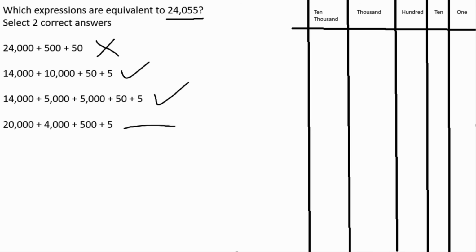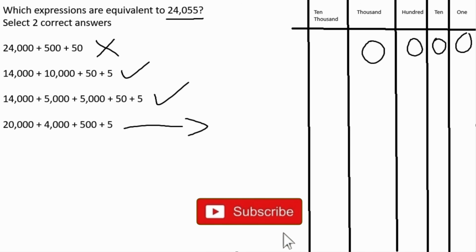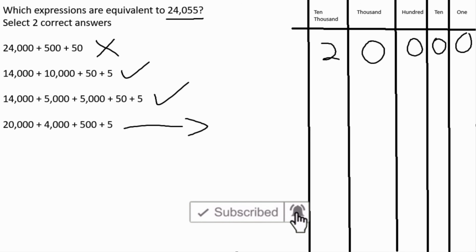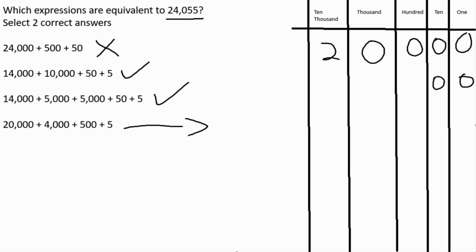All right, let's move on to the last answer choice. Here we have 20,000. Let's write that down, 20,000. And we have 4,000. Then we have 500. Let's put a 5 in the hundreds place. Then we have a 5.